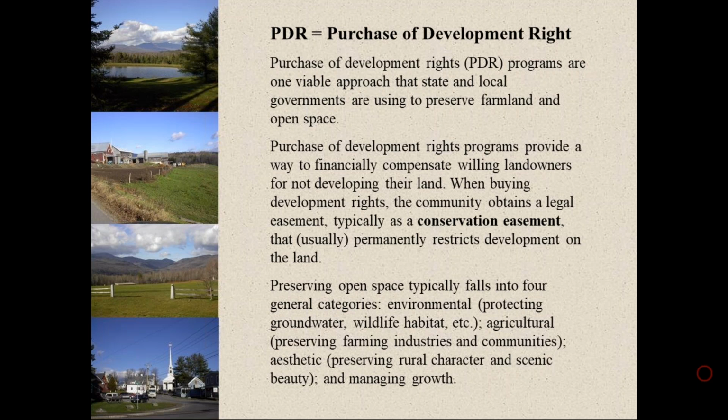Well, the transfer occurs with TDRs, transfer of development rights. Purchased development rights are typically purchased by something like a land trust, and they're typically taking them off the land. They mean transferred in that sense, but they're being retired, typically, to whatever entity takes them. They may get them as a conservation easement or whatever, but that's one of the differences between a purchase of development rights and a transfer of development rights.